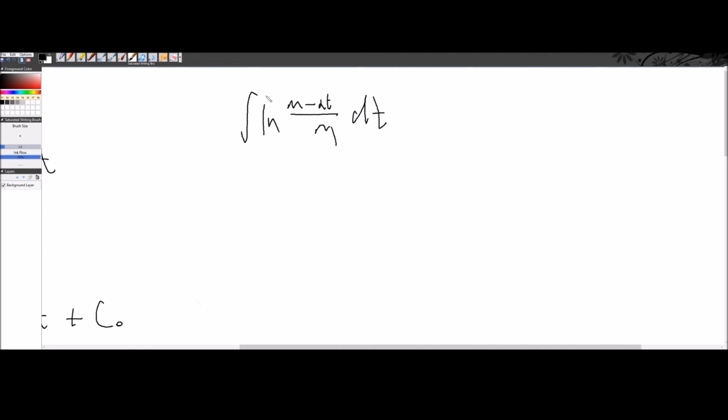Okay, so first, let's just try u substitution. u equals (m minus alpha t) over m, and now you get du equals negative alpha over m dt.